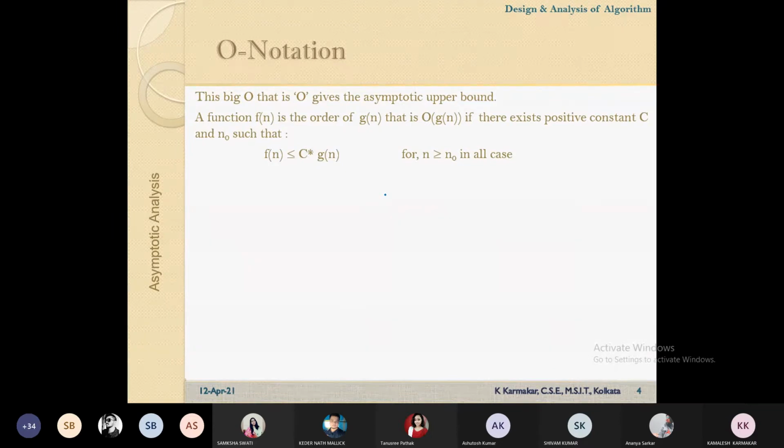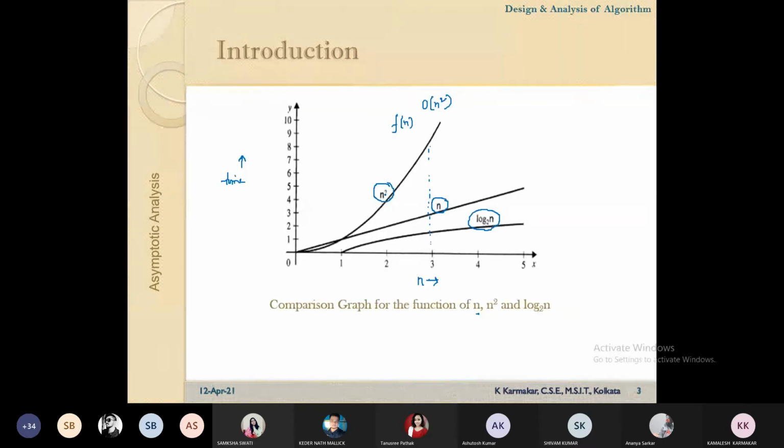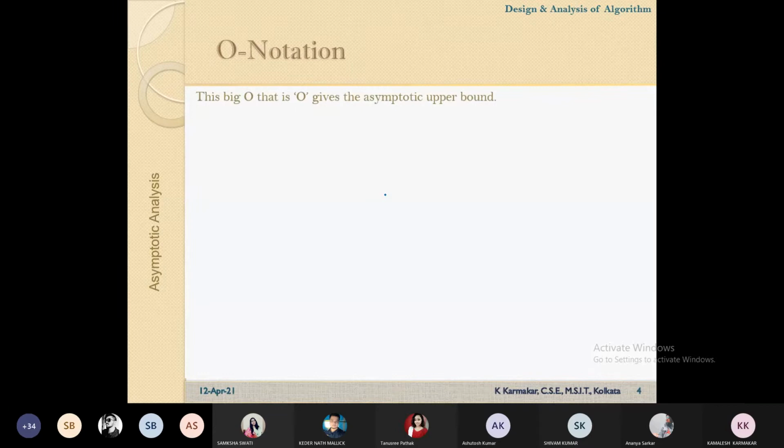If we can represent the complexity of an algorithm using a function f(n), then how will it change? What will be the nature of this graph, how will f(n) change with the change of n, when n is increasing? We want to understand it.